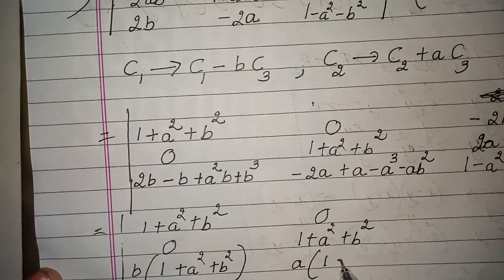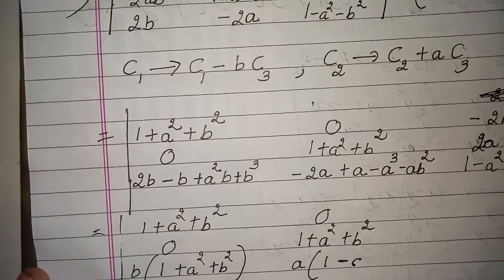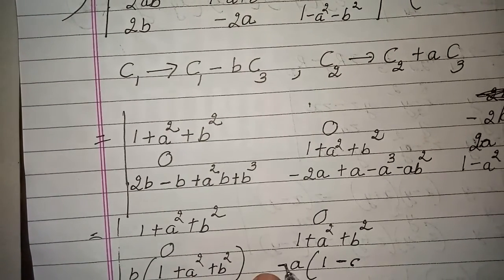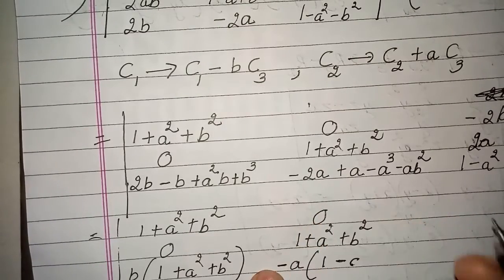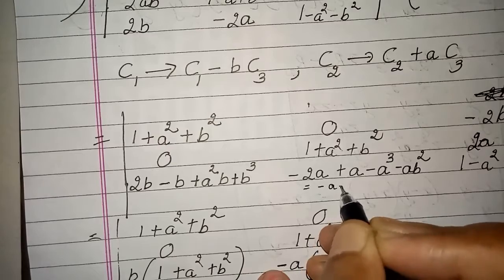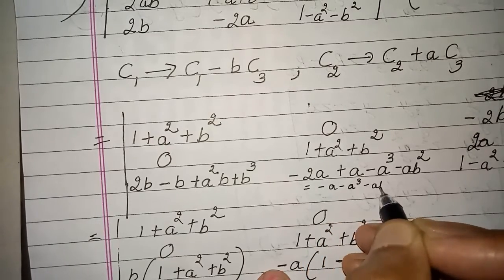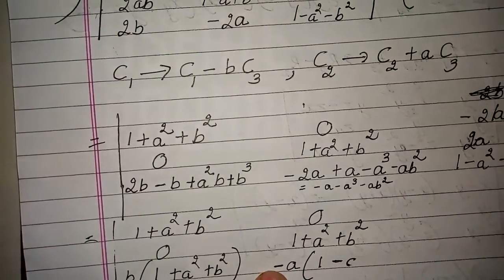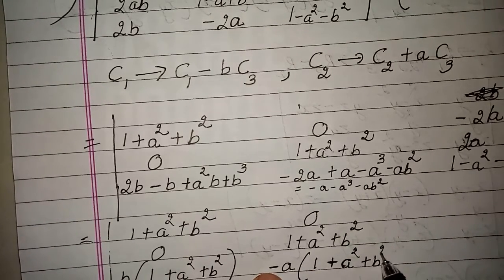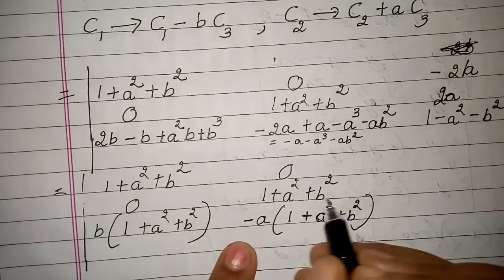So you have again 1 minus, you can take here I think minus a common. This is minus a, no? So minus a. See, if I write it is minus a cube minus ab square. If I take minus a, it will be 1 plus a square plus b square. Why am I doing this? Because I want this bracket.